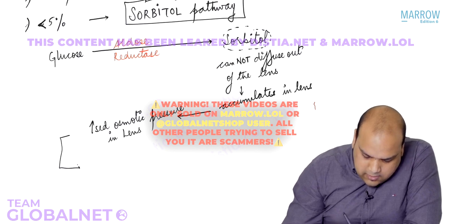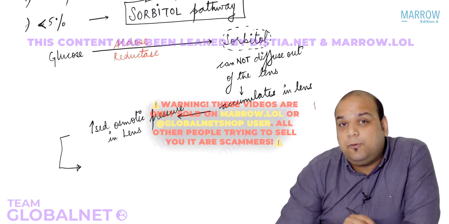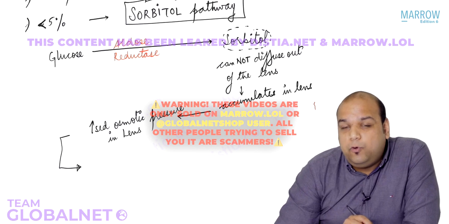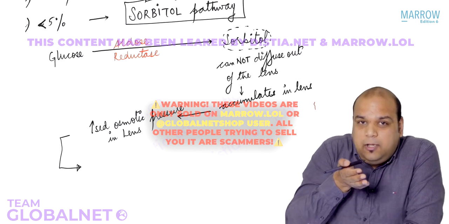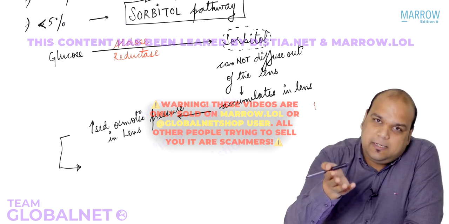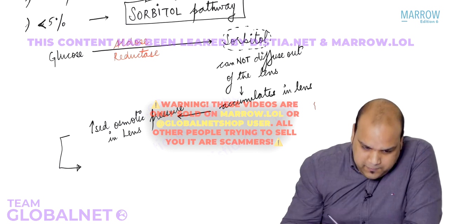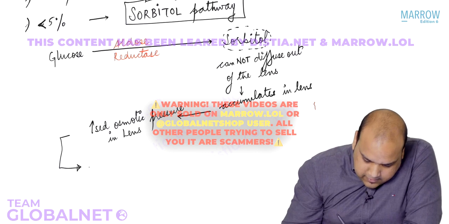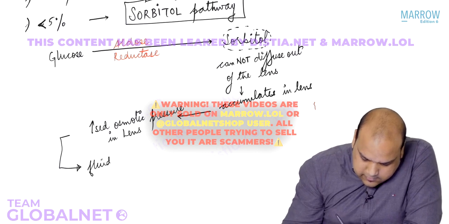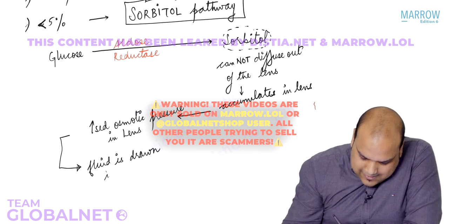Now, through basic physics and chemistry from school, we know that fluid flows from areas of low osmotic pressure to high osmotic pressure. So basically now the lens will draw in fluid. Fluid is drawn inside the lens.